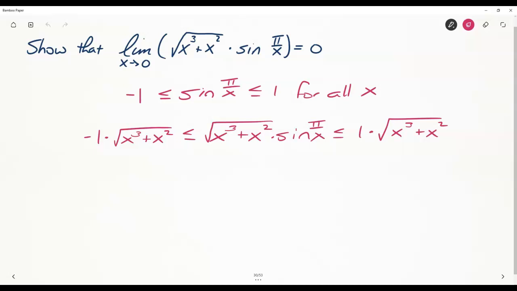How do I know that the number I multiplied by was positive? Yeah, this radical right here is a positive radical. If it were intended to be negative, the negative would have been in the problem. But I am multiplying all three parts of that expression by the positive square root of x cubed plus x squared.